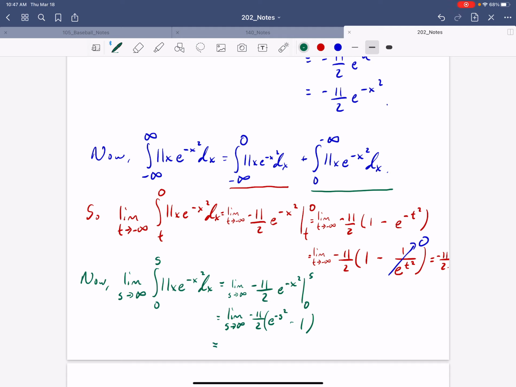So the answer is, again, this goes to 0, and we are left with negative 11 halves. Oh wait, sorry, positive, because it's being multiplied by negative 1. So it looks like our answer here is actually 0, doesn't it? That doesn't seem quite right. Is it really 0? Well, maybe it is.